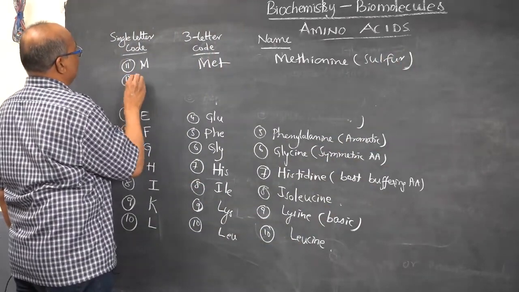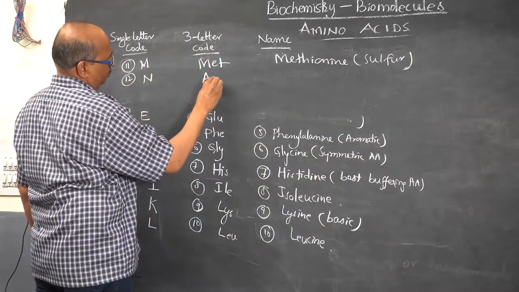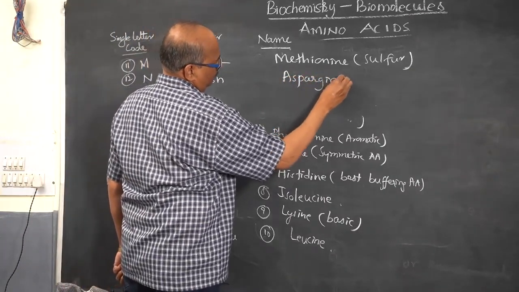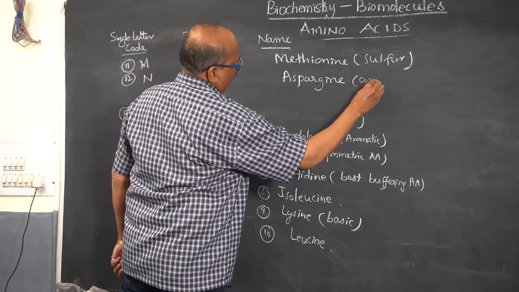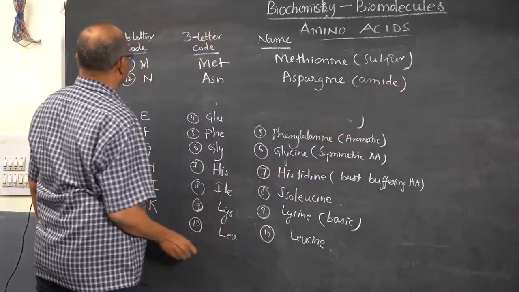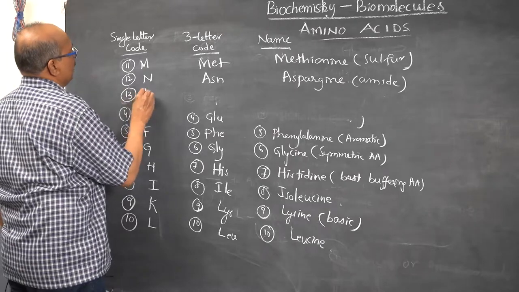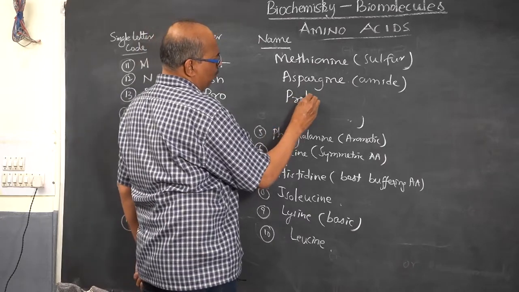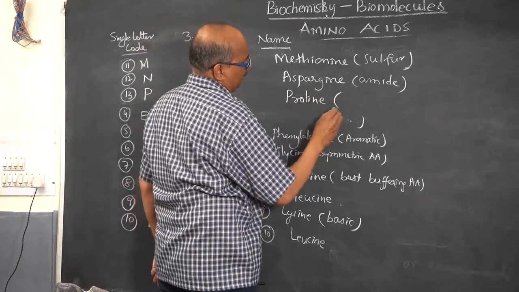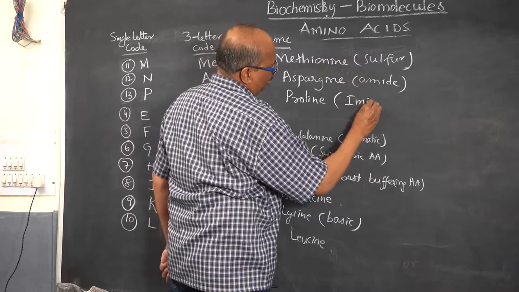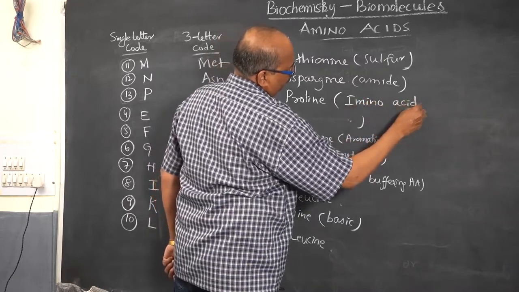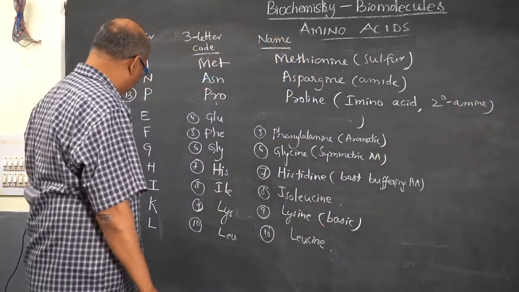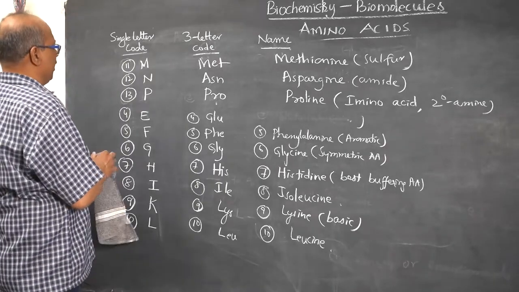Then we get amide containing, then we get proline. This is unique for amino acids because it is an imino acid, not amino acid. Secondary amine group. So that's the only secondary amine group containing amino acids in the standard amino acids.